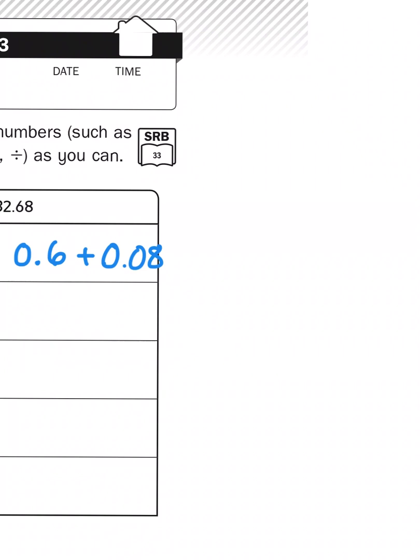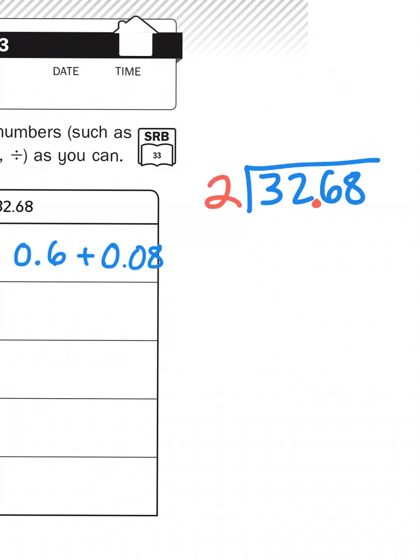For example, 32 and 68 hundredths is an even number, so that means it's divisible by 2. If I ignore the decimal point for a moment, I'm going to divide this whole number by 2.